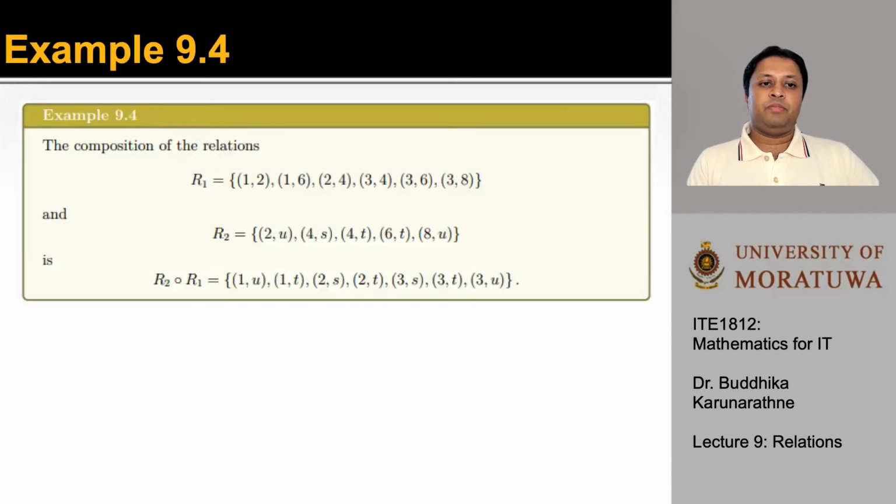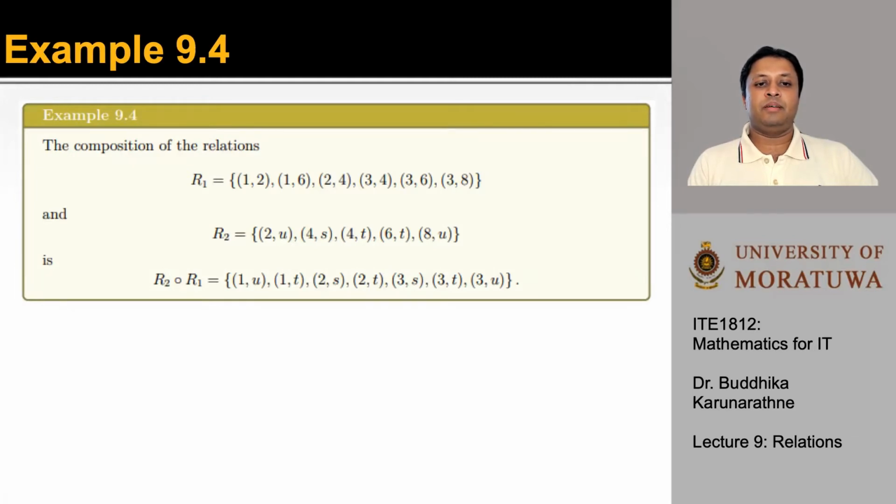Going back to an example once again, we have R1 and R2, where you can see the different elements: (1, 2), (1, 6), (2, 4), and so on for R1, and R2 has (2, U), (4, S), (4, T), and so on. So you can define the composition of R2 and R1.